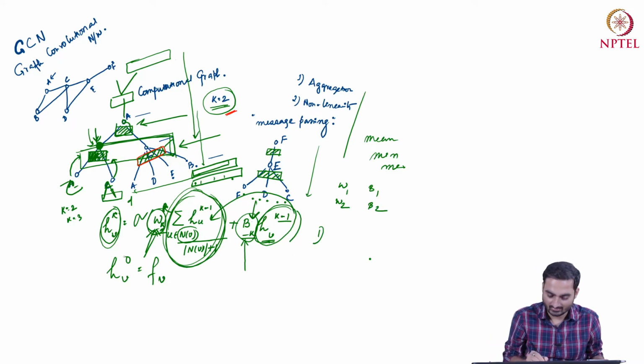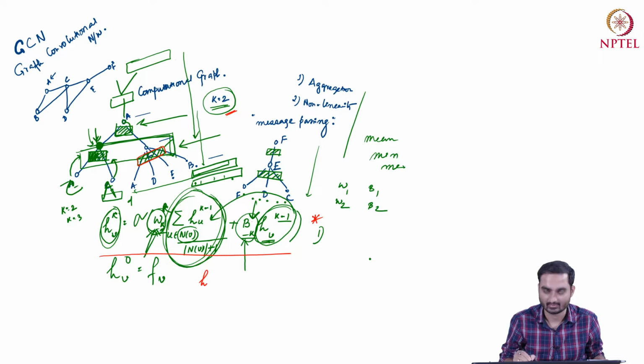So we discussed this equation. This is a very important equation: the hidden state at a particular depth, or at a particular time, of a node V is essentially a function of the neighbors. We take the aggregation of messages from the neighbors.